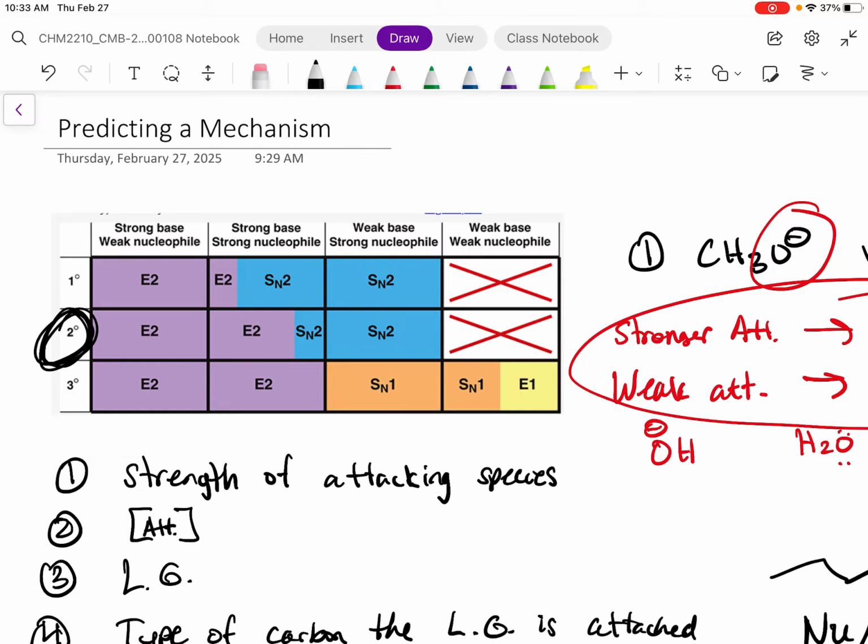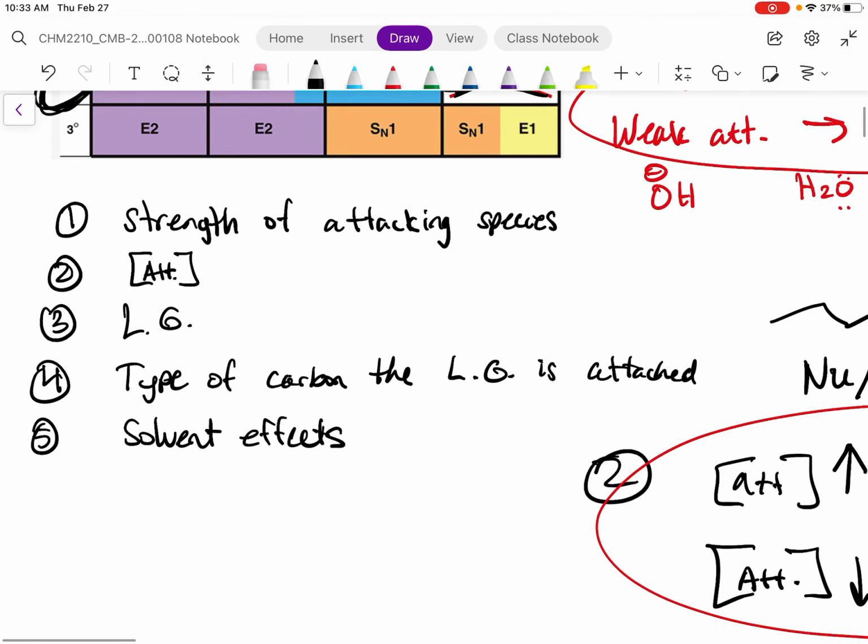So when you take a look at that, right here, it kind of has this X right here. That doesn't make any sense, because that reaction can still occur. So honestly, I don't know why the textbook even says that. And so that's probably not the best example to use that table.